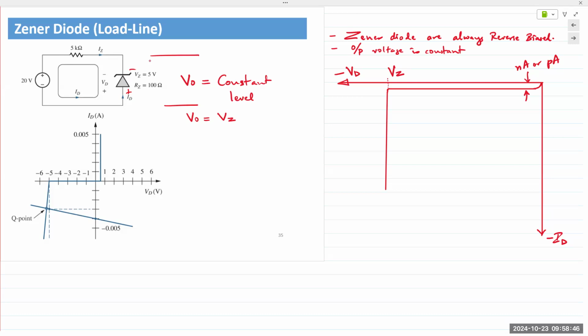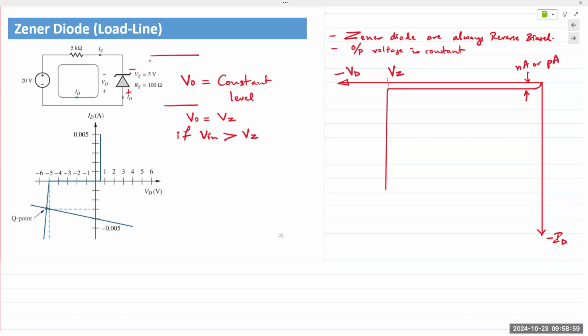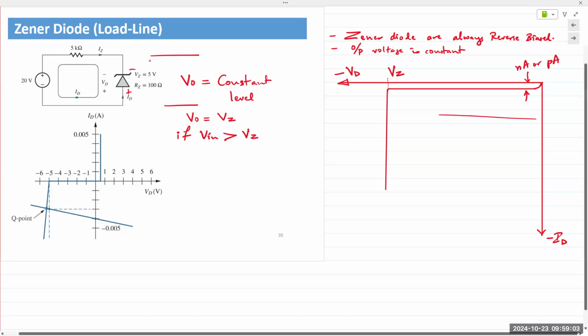And V out will equal VZ if V in is greater than VZ. The input voltage must be higher than the Zener voltage in order for the diode to hit the breakdown, VZ. If V in is right here, it's not going to turn on.